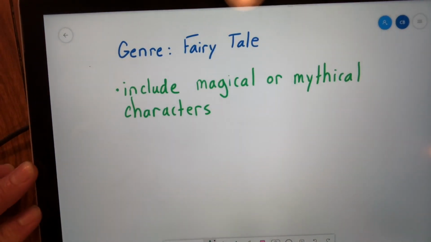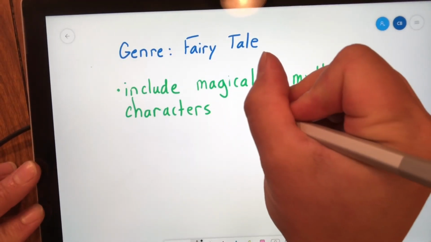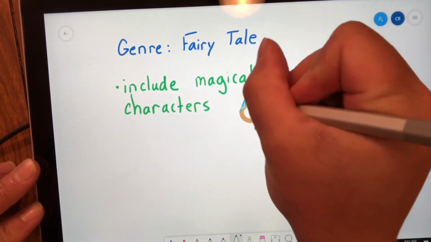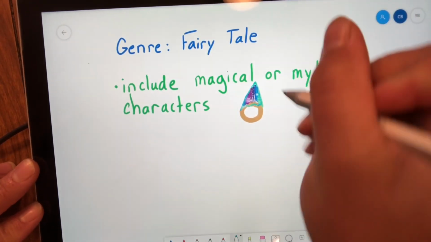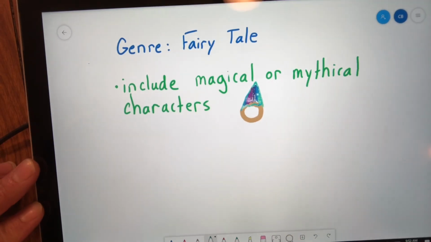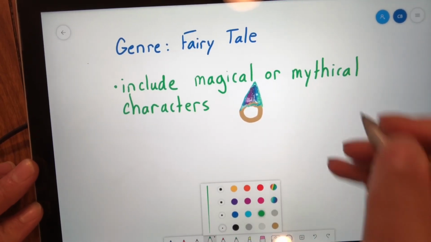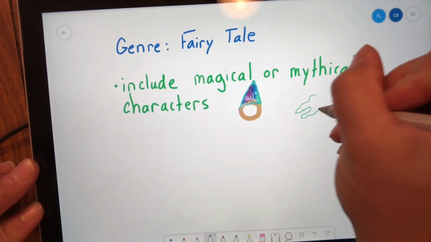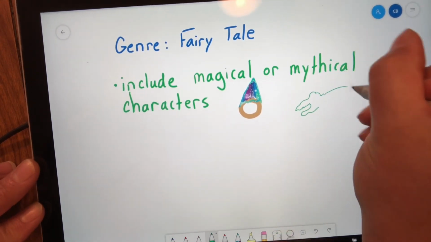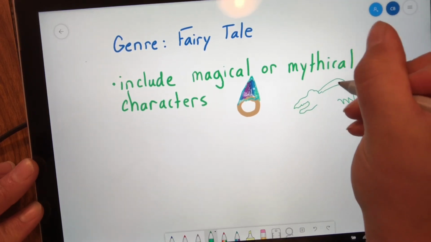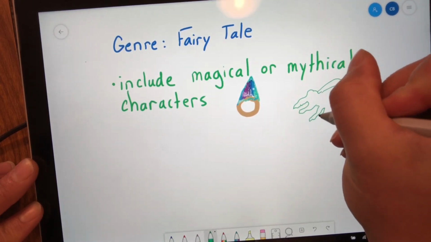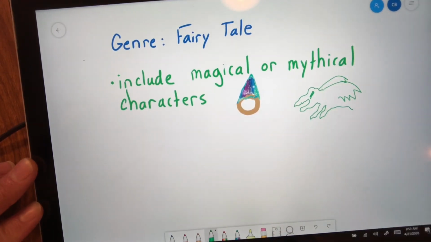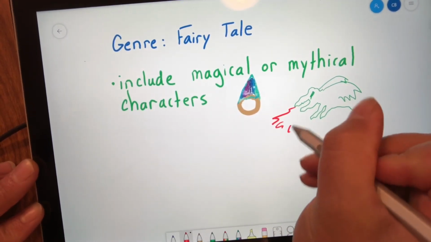So maybe I could draw a wizard with his wizard hat. Or maybe we can have a dragon. Let's see if I could go thinner here. It's the best dragon ever. Something like that. A mean dragon. And of course the dragon has to be blowing fire.